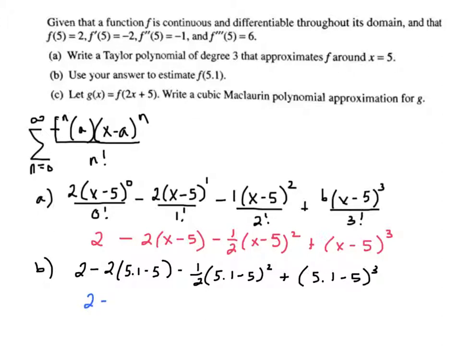We'd have 2 minus 0.2 minus 1/2 multiplied by, well, 0.1 squared is 0.01, plus 0.1 cubed, so 0.001. You could use your calculator for that, or you could maybe do that even just in your head, but whatever you get, that's your approximation of f of 5.1.